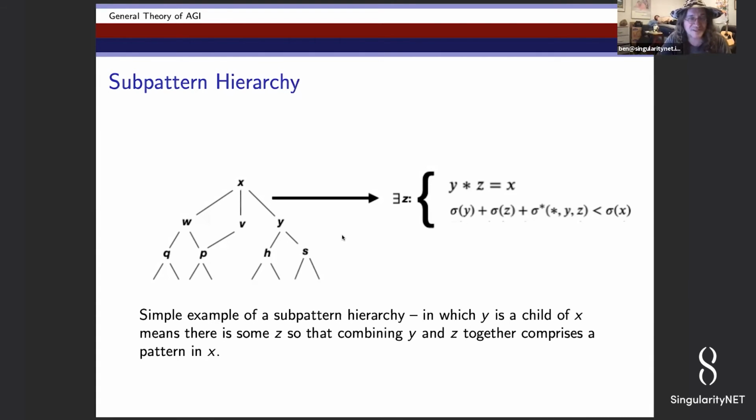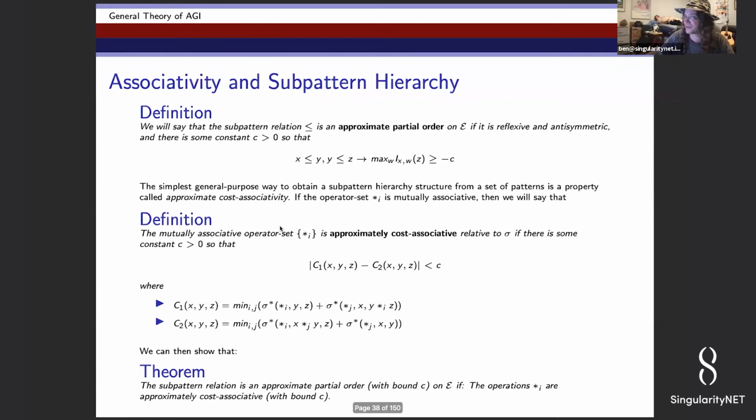So this kind of subpattern hierarchy, I think, is very important in cognitive systems. I mean, the idea that hierarchy is important in minds is now very much in vogue because of visual hierarchies and hierarchy of layers in neural networks and so forth. But I think the notion of a subpattern hierarchy explains more fundamentally how hierarchy appears in cognitive systems. And there's some interesting theory here.